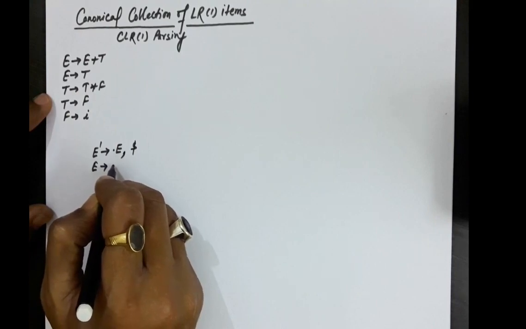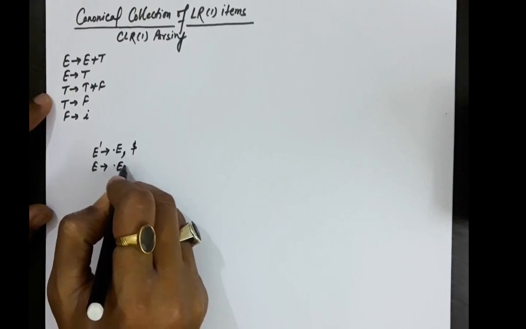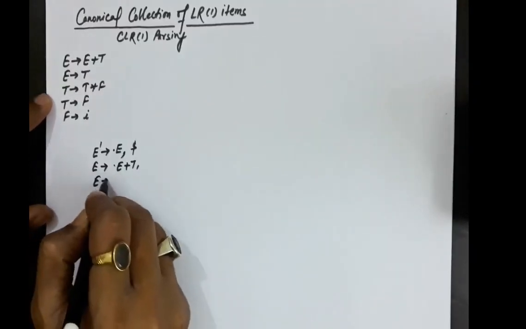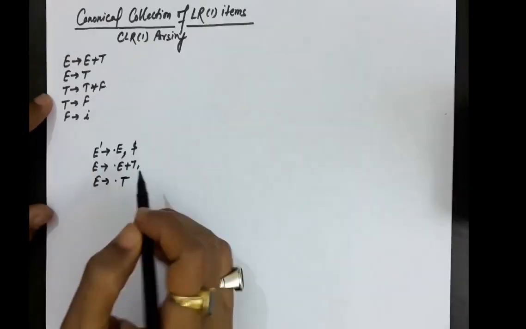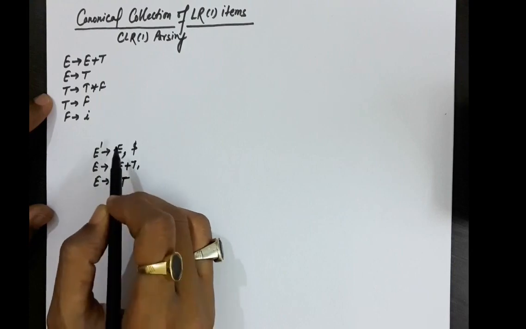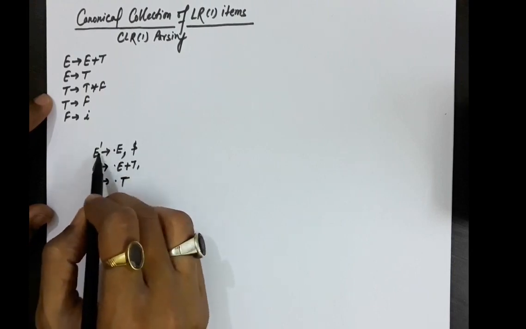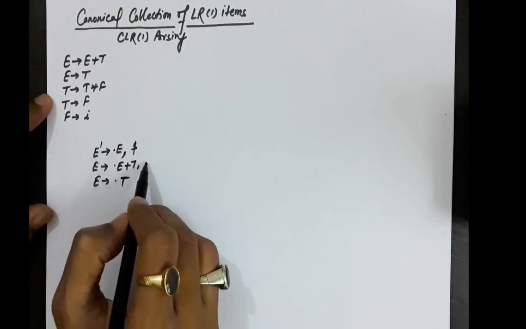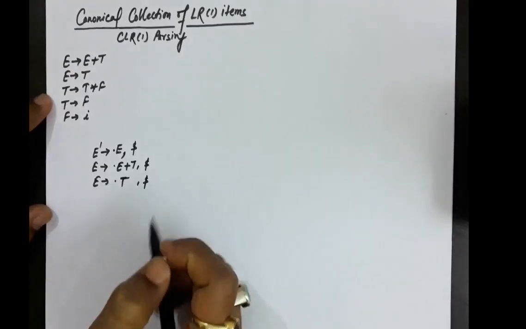So there are two productions for this: E produces dot E plus T and E produces dot T. Since E was appearing after the dot, we have taken all the productions that start with this E. So the dollar will be there in the look ahead symbols.